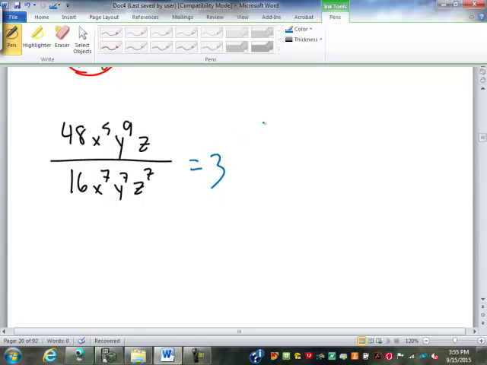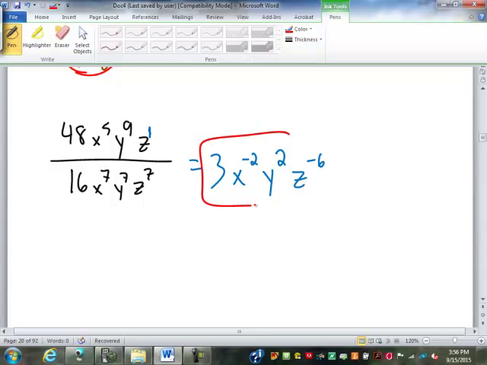X to the 5th divided by x to the 7th is x to the 5 minus 7, negative 2. Y to the 9th divided by y to the 7th, positive 2. 9 minus 7 is positive 2. And z to the negative 6. Remember, this is z to the 1. So 1 minus 7 makes negative 6.